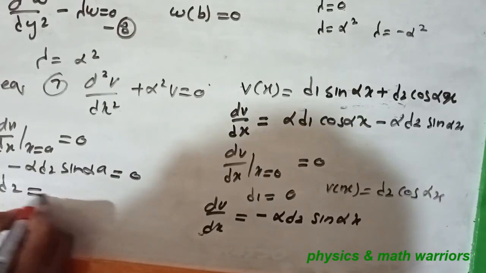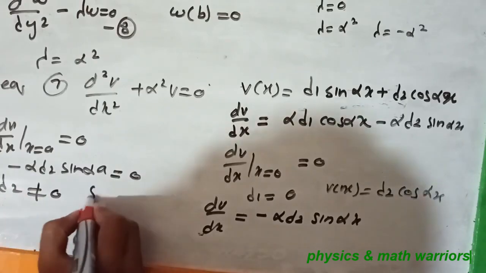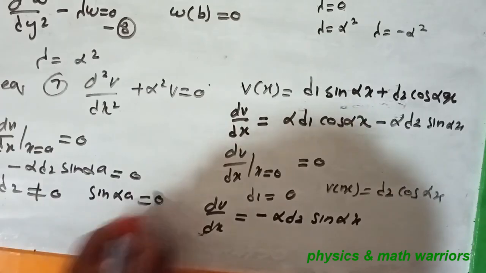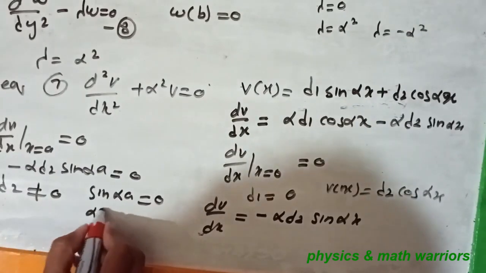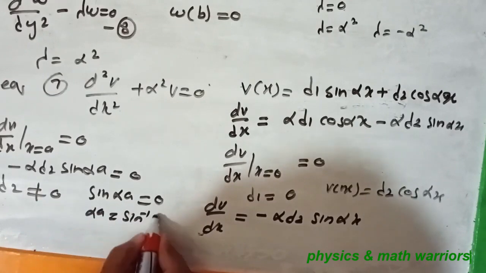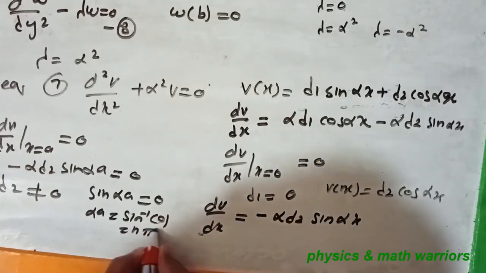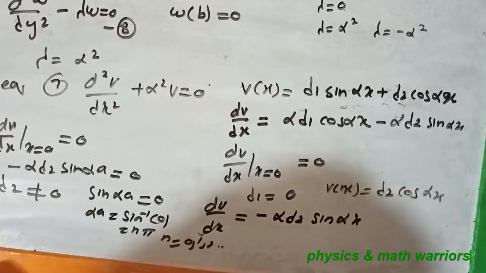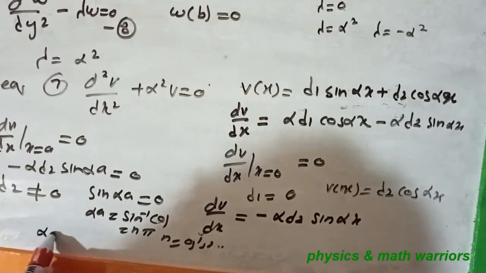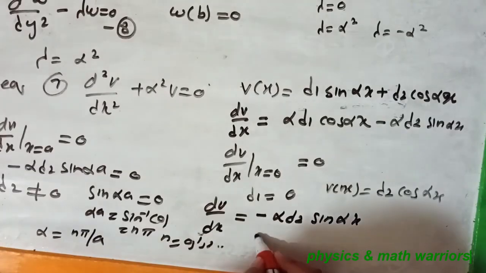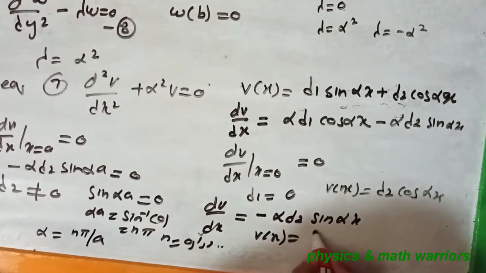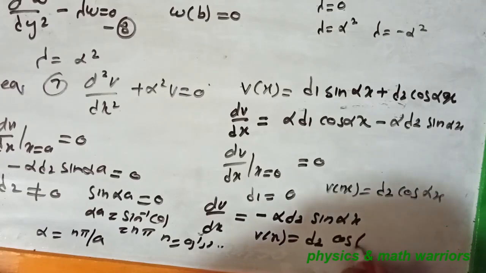Since d2 is not equal to 0, sin alpha a is equal to 0, and alpha a is equal to sin inverse 0, and sin inverse 0 is equal to n pi, where n is equal to 0, 1, 2, 3. So alpha is equal to n pi over a. So v of x is equal to d2 cos n pi x over a.